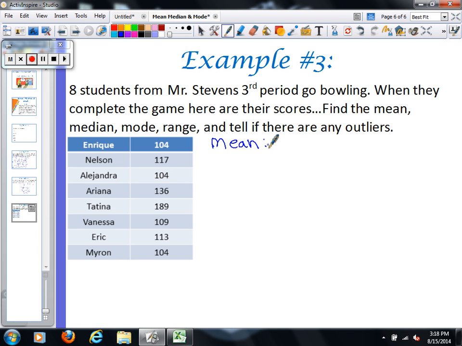In order to find the average, how many scores do we have? We have 8 students, so we have 8 scores all over.